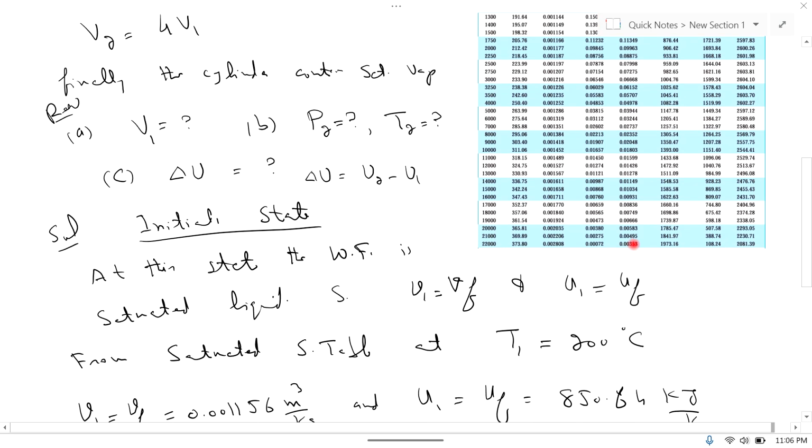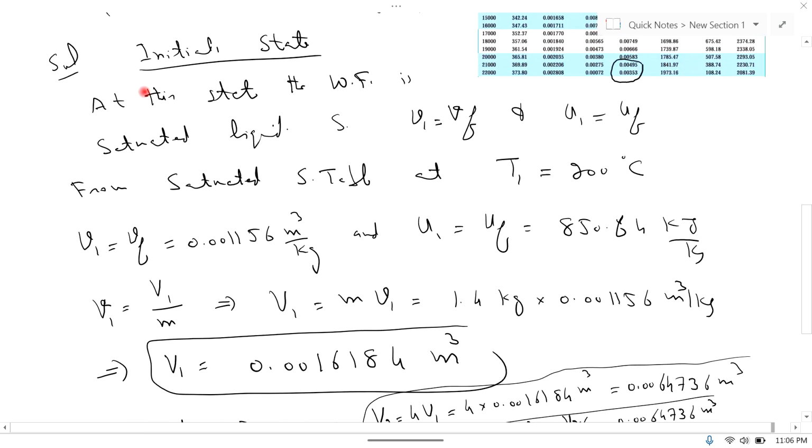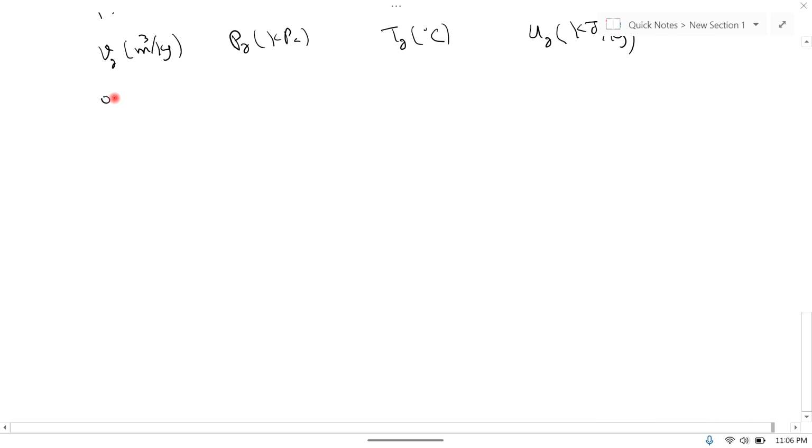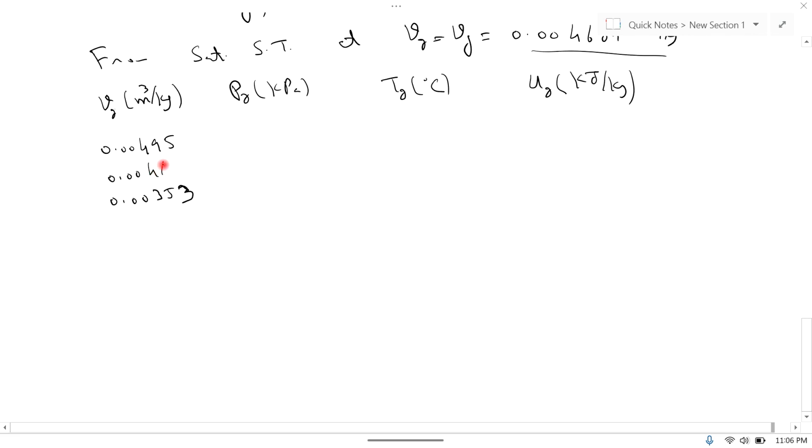At the end of this column, our value of Vg is between two values, so we will do interpolation between them. One is 0.00495 and the other value is 0.00353. We have to find P2, T2 and U2 at the volume 0.004624, which lies between these two values.